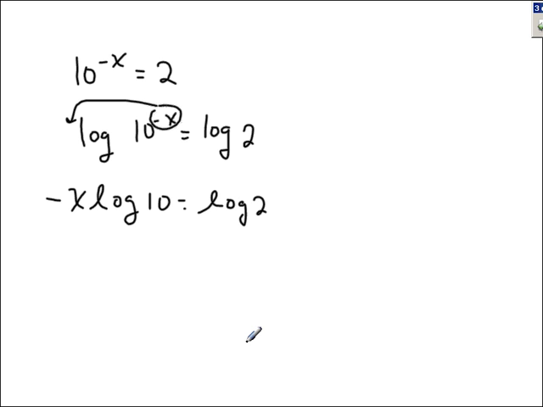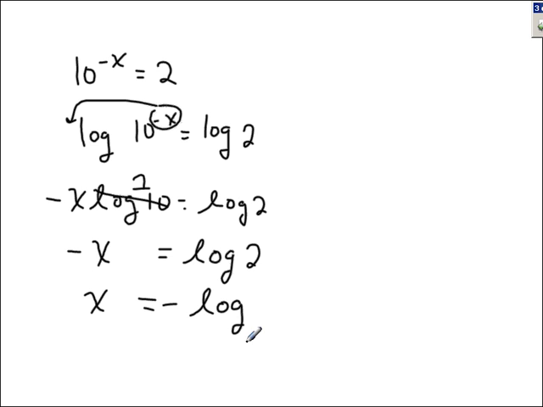Okay. But this number is 1. Log of 10 is 1. So negative x times 1 is negative x, and this equals log 2. Multiply both sides by negative 1, you get x is equal to negative log of 2.